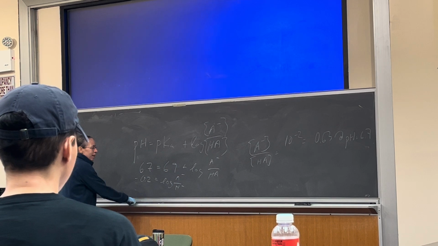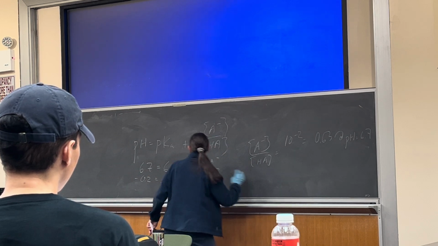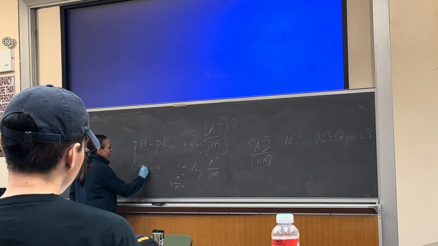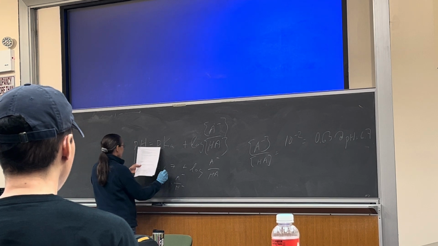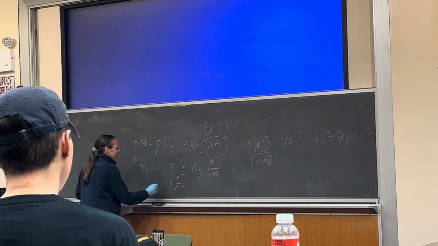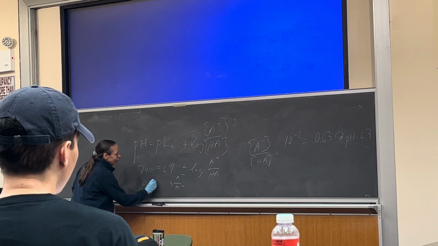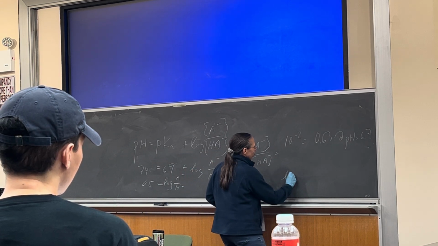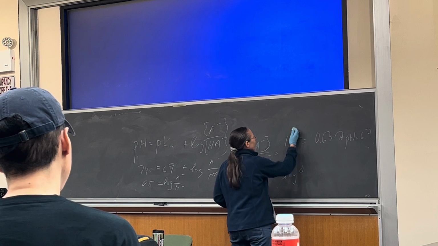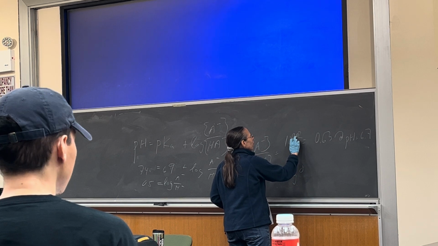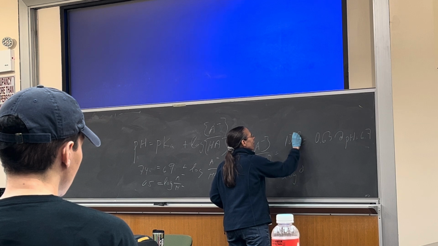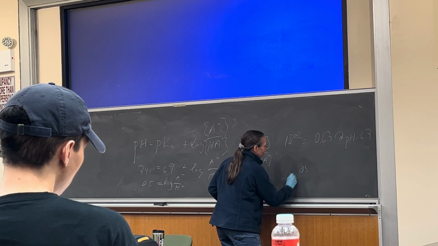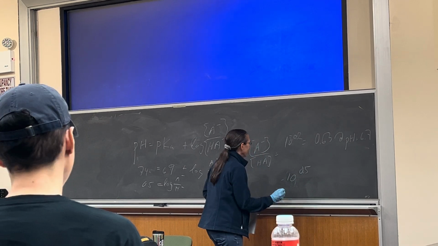So at 7.4, the math is exactly the same. 7.4 is equal to 6.9 plus the log, so 0.5 is equal to the log of the ratio. So this is 10 to the positive 0.5.